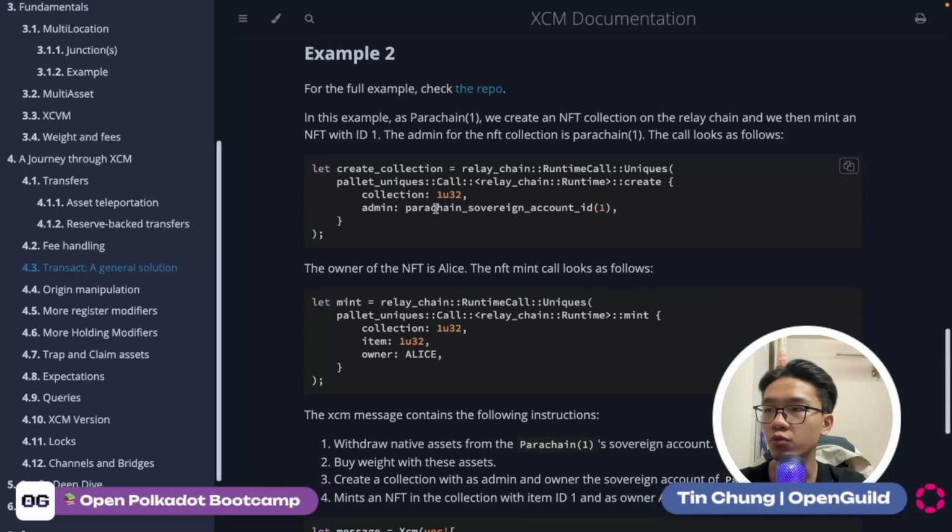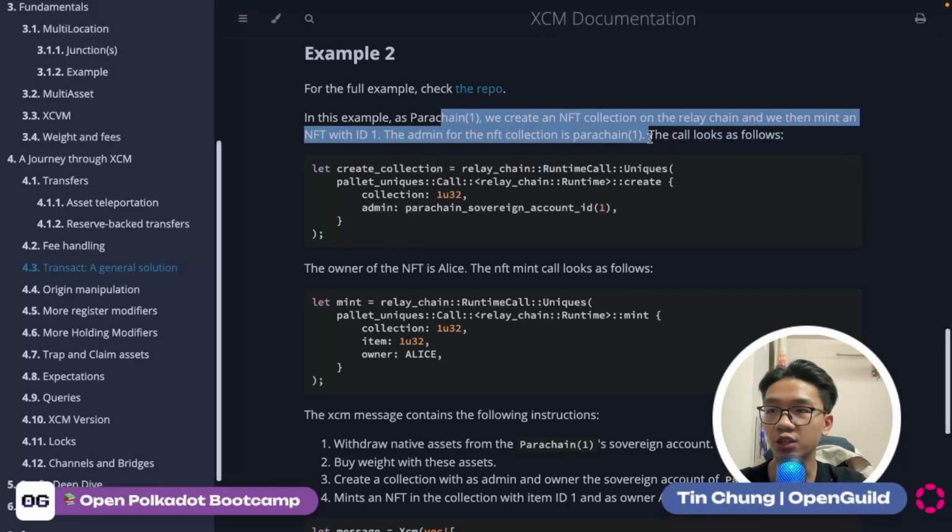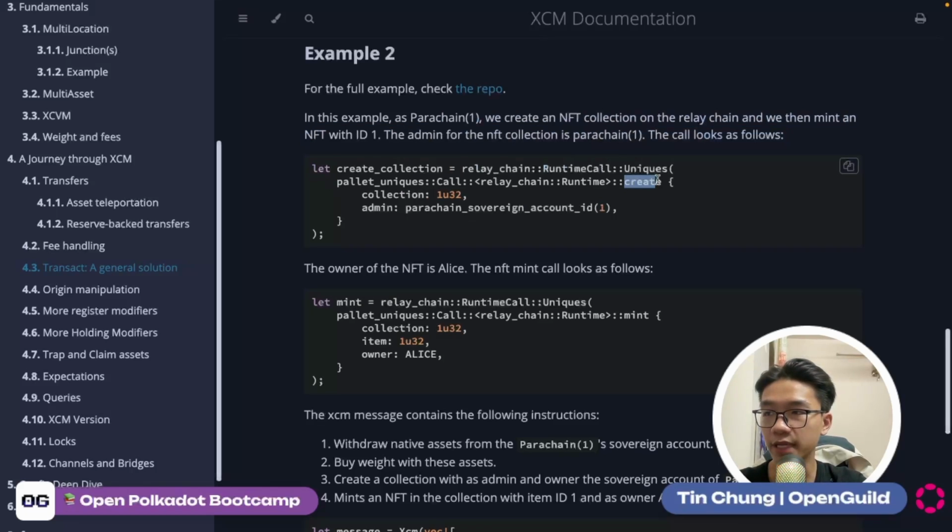Example 2 would be NFT. In this example, parachain 1 creates an NFT collection on the relay chain, and then we mint an NFT with ID 1. The admin of the NFT collection is parachain 1. You have the method to create a collection with ID 1. The admin is the parachain sovereign account of parachain 1.